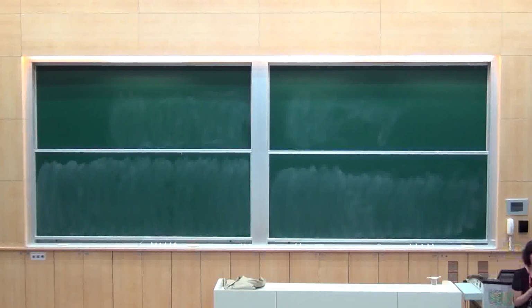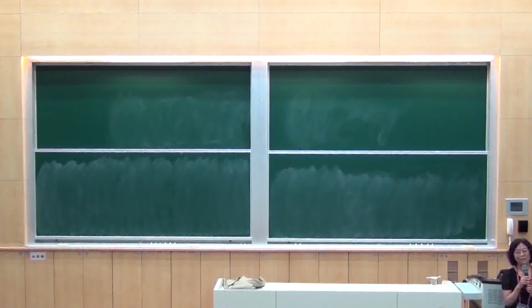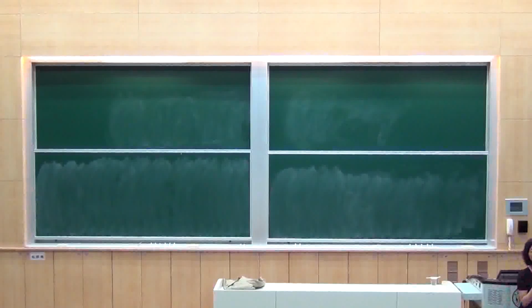So, Professor Coates made fundamental contributions in Iwasawa theory, p-adic approximations, and p-adic L functions. His 1977 paper with Wiles was the first breakthrough toward the conjecture of Birch and Swinnerton-Dyer. So it is really a landmark contribution to number theory.